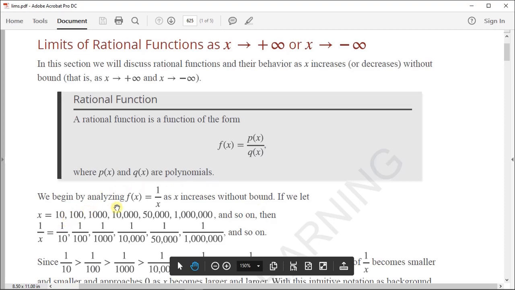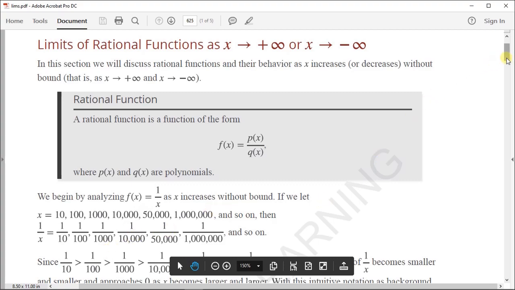So if you plug 10 into 1 over x, you'll get 1/10. As a decimal, that's 0.1. If you plug 100 in for x, you'd get 1 over 100, which as a decimal is 0.01. If you plug 1,000 in for x, you get 1 over 1,000, which is 0.001.